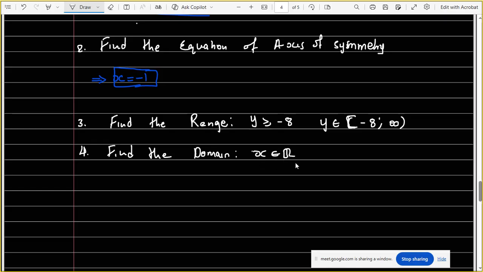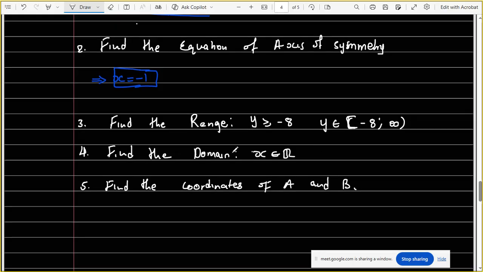Okay. Next question, they want us to find the coordinates of A and B. What is the coordinate of A and B?